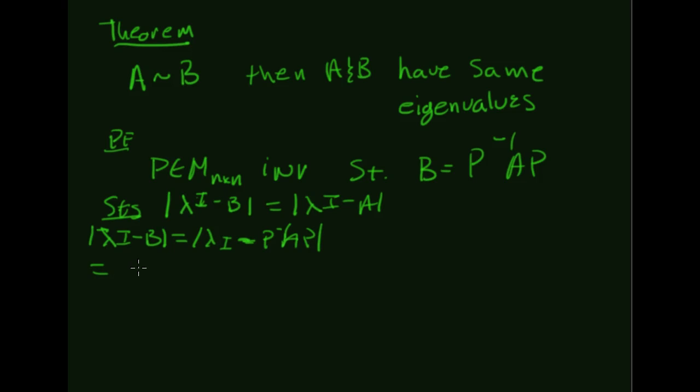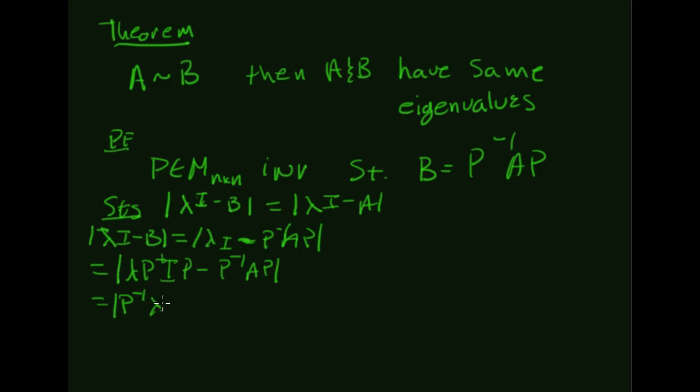And then we have to be a little bit clever here. On this part, we're going to surround this I with P inverse I P, minus P inverse AP. That's kind of easy. Since lambda is a scalar, it can move around.